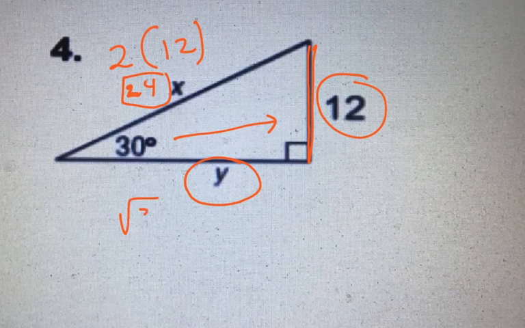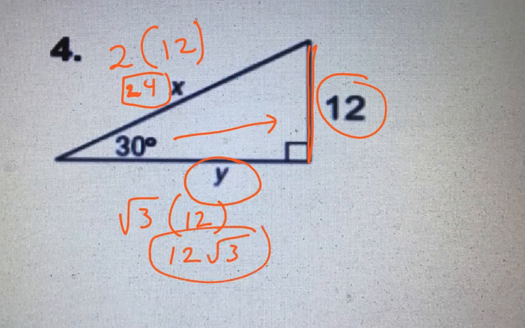It's going to be square root of 3 times the short side, which we would normally write as simply 12 square root of 3. That's as simple as it gets, guys. Don't make it more complicated than that. Although some of them do get trickier. Pause the video if you need to.